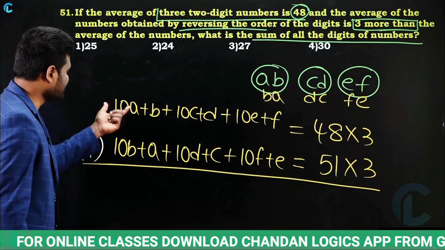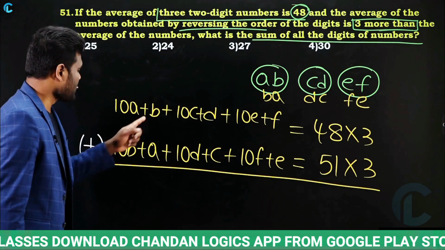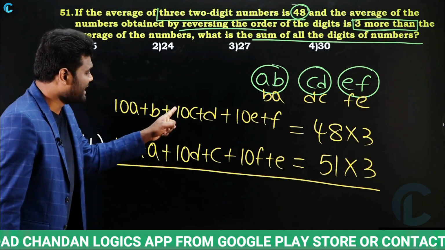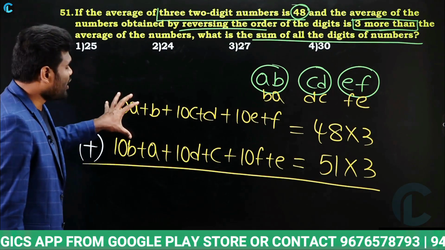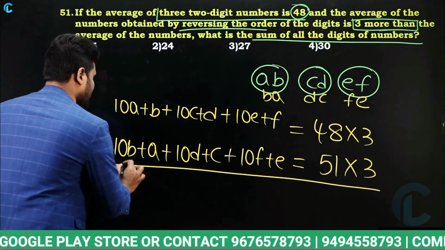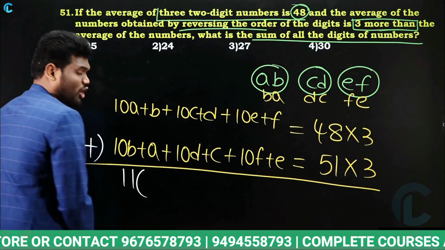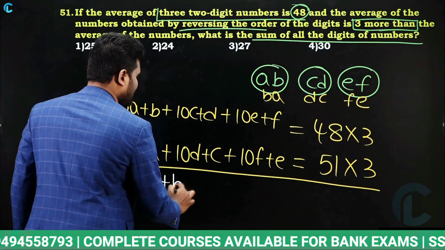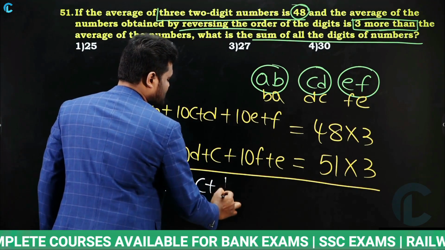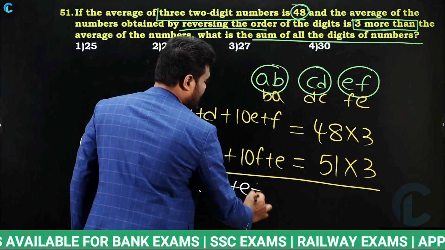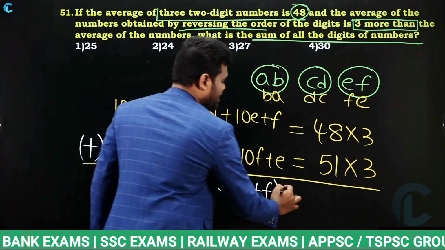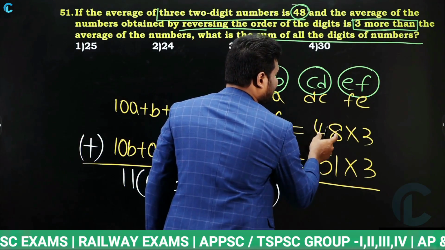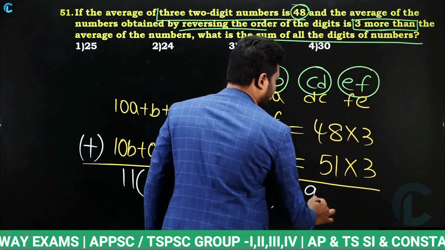If you add this, 10A plus A, 11A. B plus 10B, 11B. 10C plus C, 11C. Which means if you add all these numbers, it is going to be 11 times of, I am taking 11 common, A plus B plus C plus D plus E plus F is equal to, when you add this, 48 plus 51 is nothing but 99.